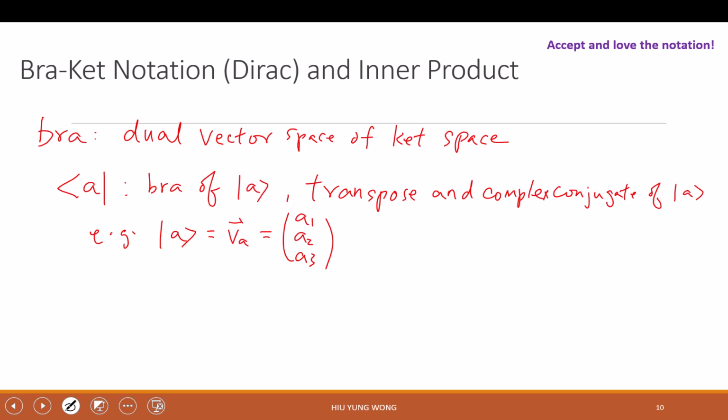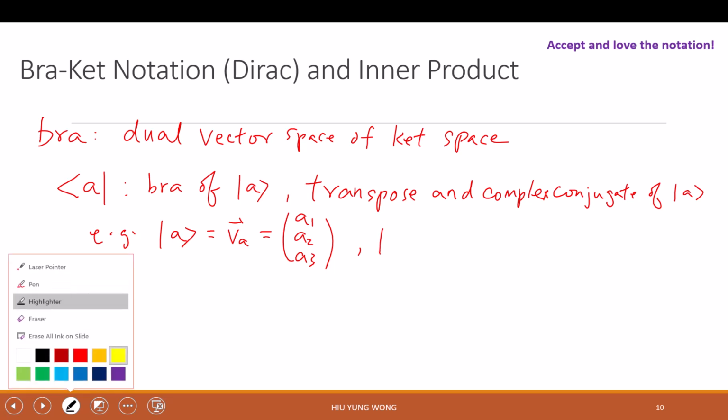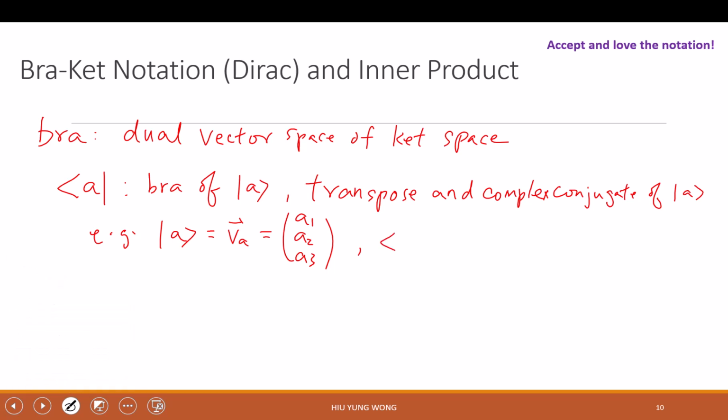If this is A, then what is A bra? Row vector, thank you, because it's a transpose, okay? So it becomes A1, A2, A3, and also complex conjugate. This is just the definition. Take it for granted, definition.